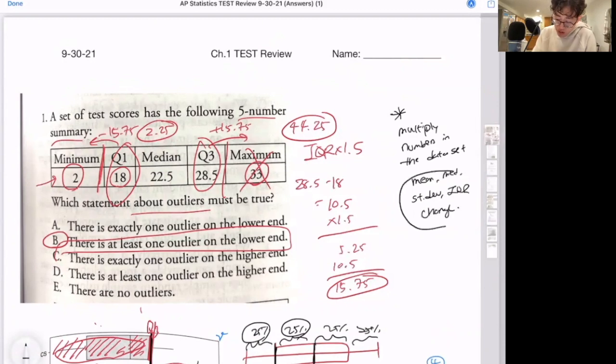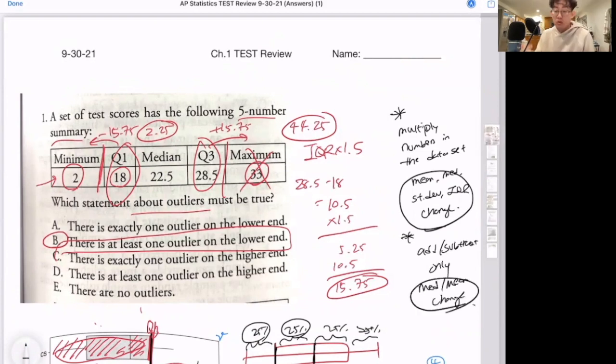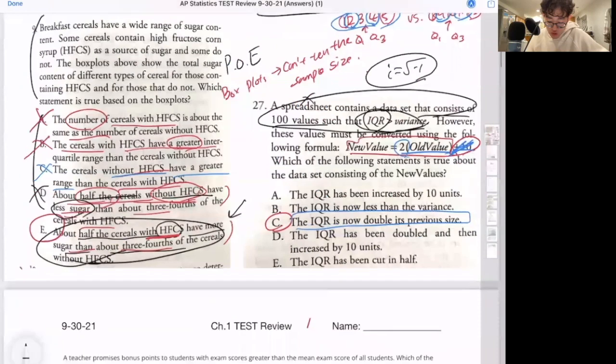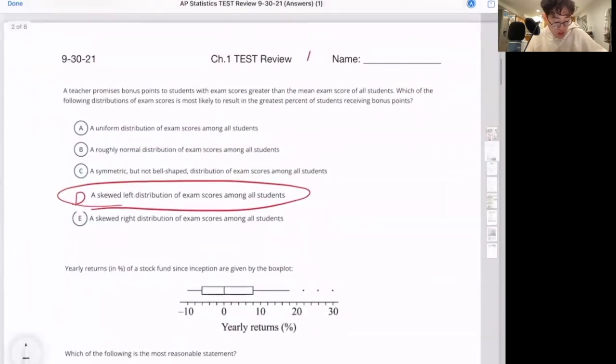When you add or subtract, only the median and the mean change. That's what I need you to remember. So multiplication is the key that changes the IQR and the standard deviation. Please remember that when you're doing this question next time.